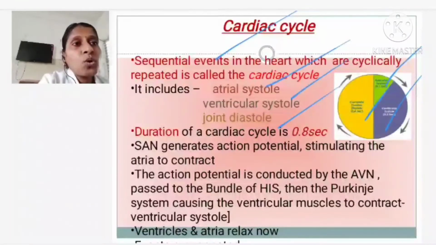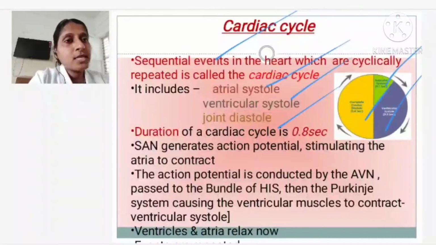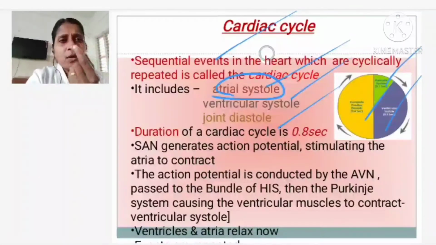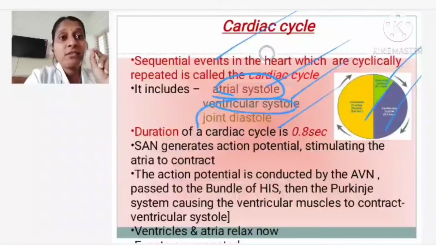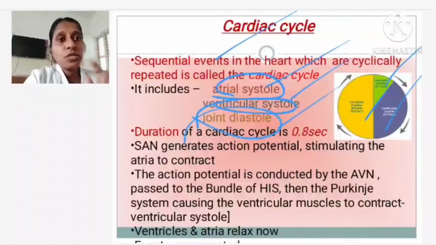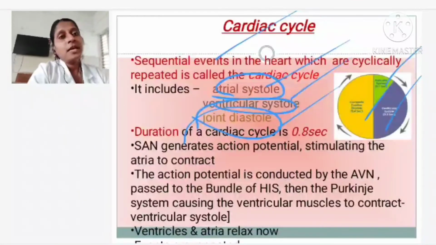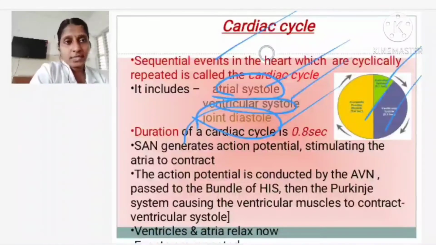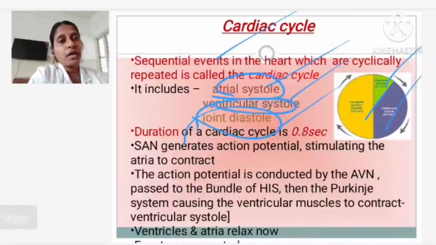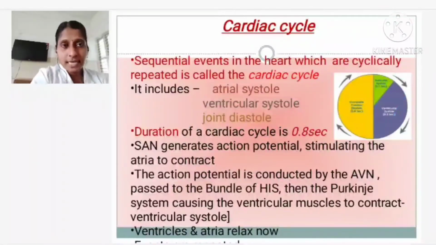In this 0.8 seconds, auricular systole takes only 0.1 second, ventricular systole takes 0.3 seconds, joint diastole takes 0.4 seconds. So altogether for one cardiac cycle, how much time is needed? It's 0.8 seconds. So the duration of the cardiac cycle is 0.8 seconds.